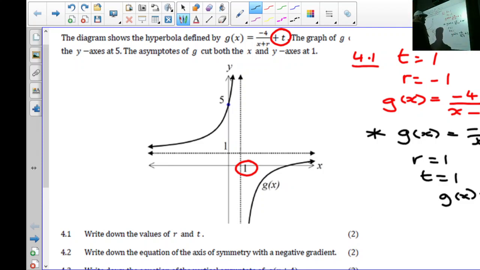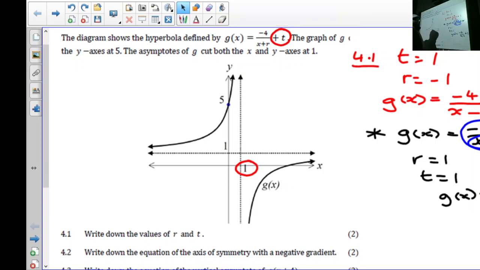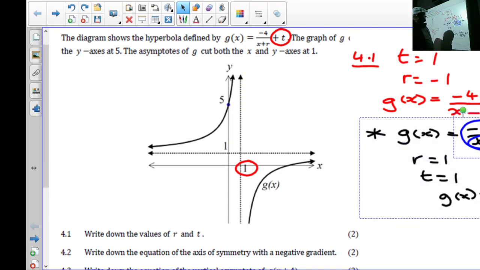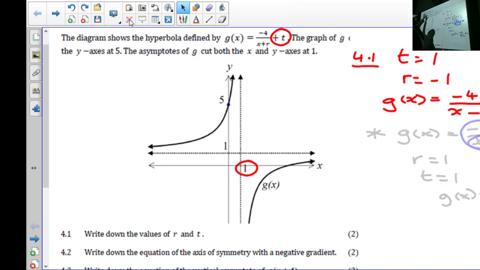As I said, it depends on the form that is given to you. If it's given in this form, then r has to be positive 1. But it was given with a positive there, so it's not going to be a positive 1, but negative 1 in this case.